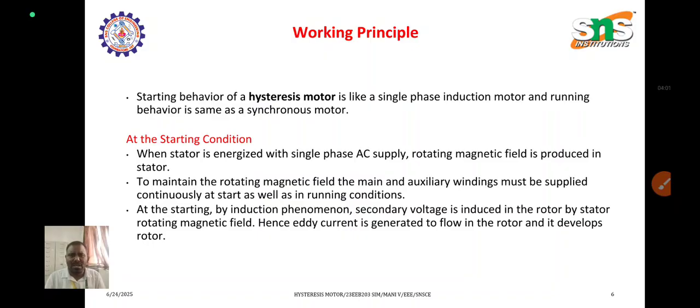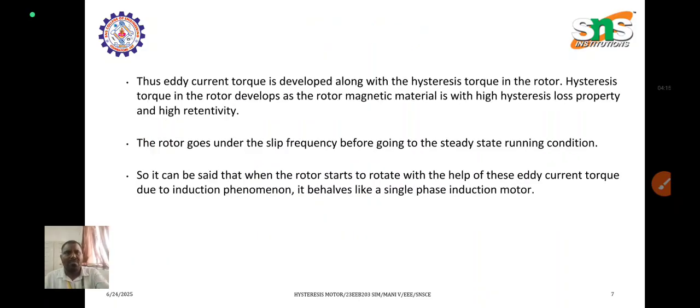At the time of starting, by the induction phenomenon, a secondary voltage is induced in the rotor by the stator rotating magnetic field, and eddy current flows in the rotor and develops torque. This eddy current torque is produced along with the hysteresis torque in the rotor magnetic material with high hysteresis loss property.